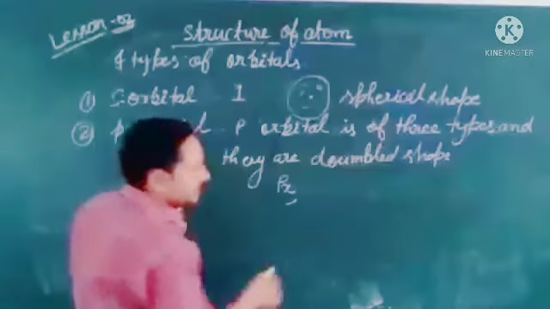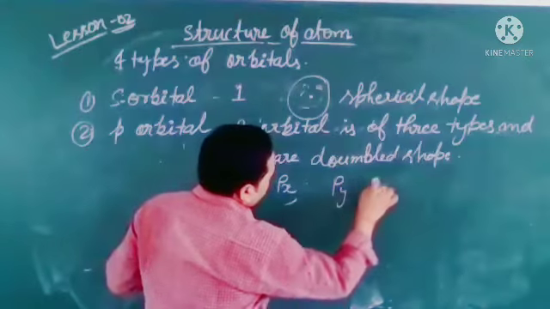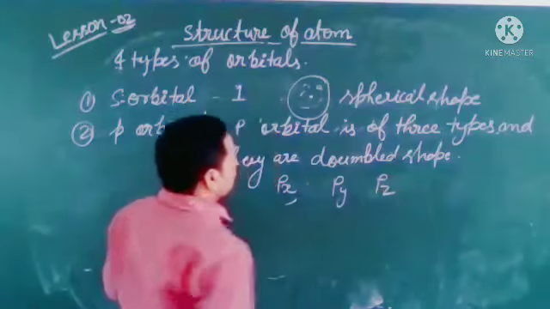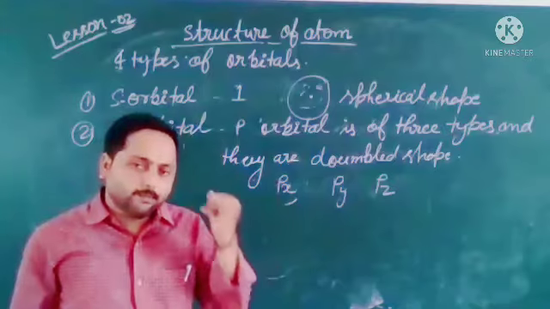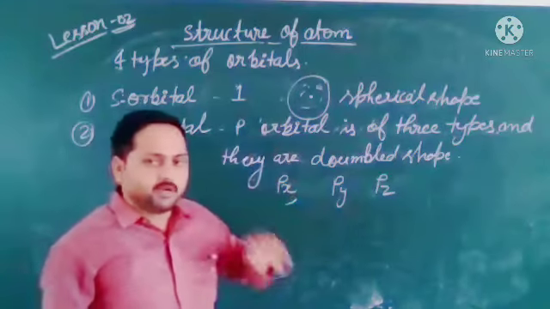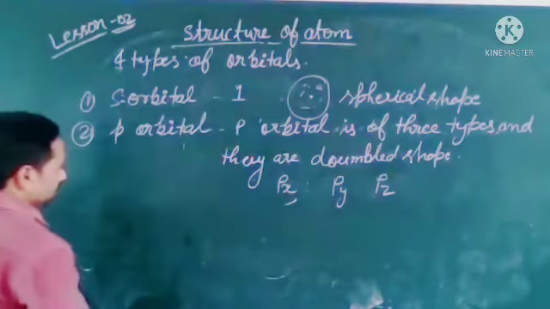Px, Py, and Pz. This is the type of P orbital: Px, Py, Pz, and they are all dumbbell shaped. So it can be represented like this.